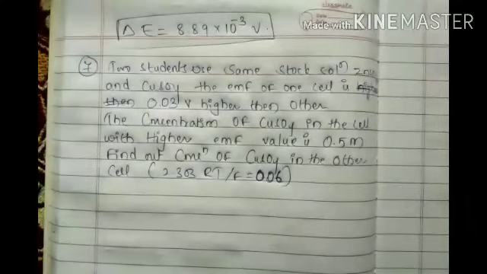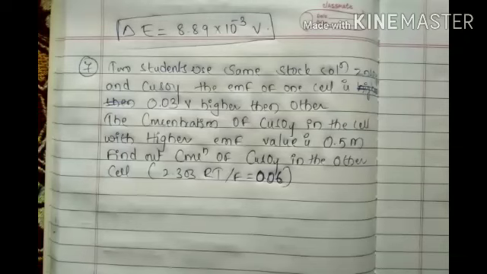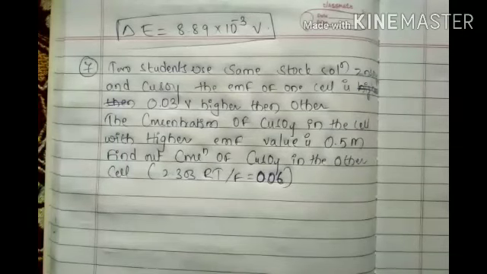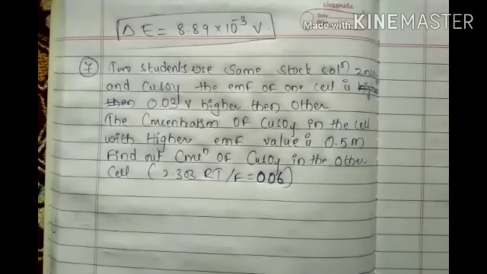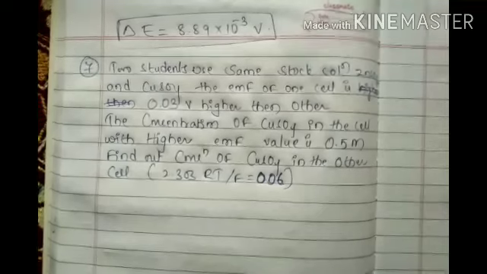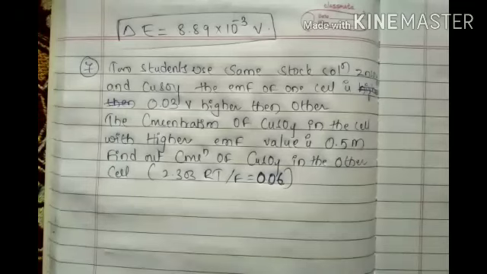This is the question. The two students are using the same stock solution of ZnSO4 and CuSO4. The EMF of one cell is 0.03 volt higher than the other. The concentration of CuSO4 in the cell with higher EMF is 0.5 M. Find the concentration of CuSO4. Okay, so the Cu concentration we have to find out.